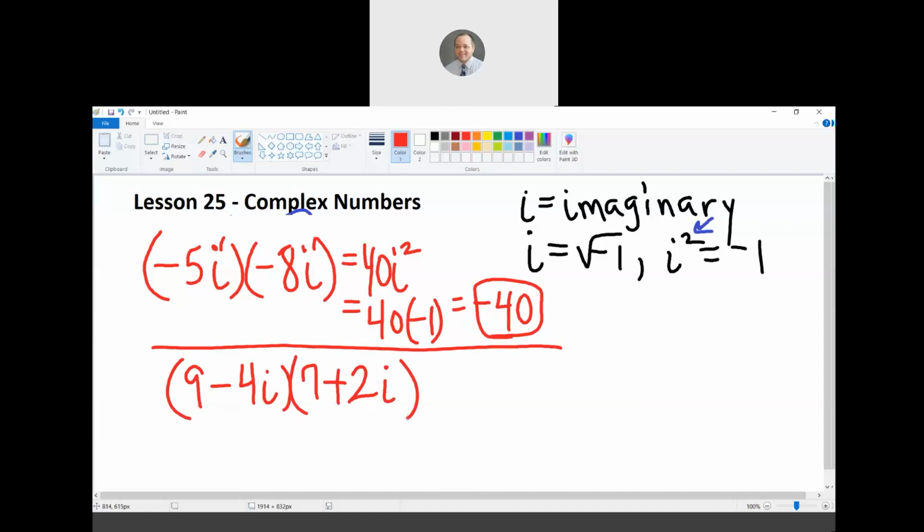So let's write down our letters. Starting with our first terms, 9 times 7, that will give us 63. Our outer terms are 9 times 2i, and that's a positive 18i.